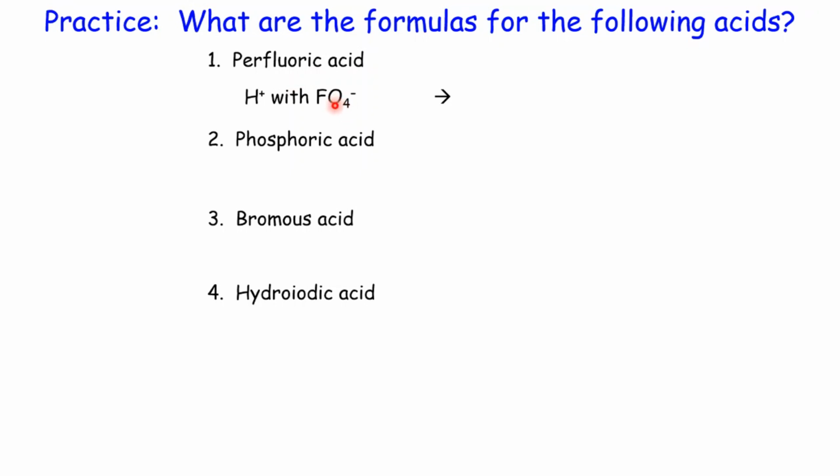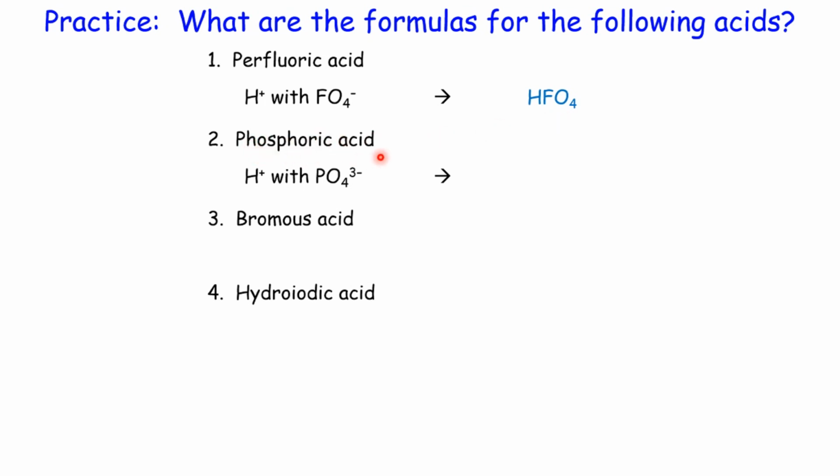So therefore it should be O4. And since the stem or the root of the name is FLUO, it should be fluorine in here. Okay, and now you just have HFO4.